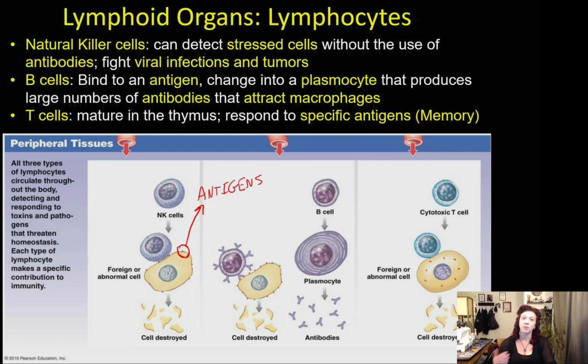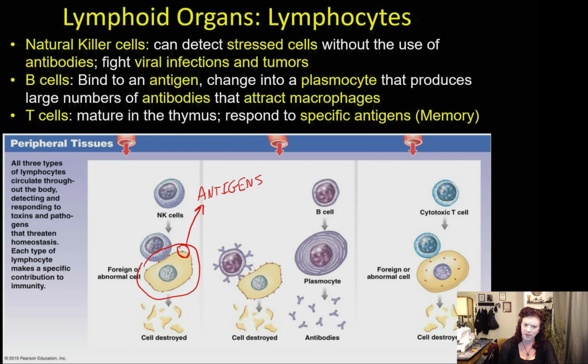When one of your own body's cells is infected with a pathogen, sometimes it will grab antigens from that pathogen, and we call it presenting. It'll present them on its own cell membrane. Sort of like saying, I'm in trouble, I'm sick, here's a sample of what's in me. NK cells can detect those antigens directly, allowing them to identify the cell that's presenting them is sick and needs to be destroyed.